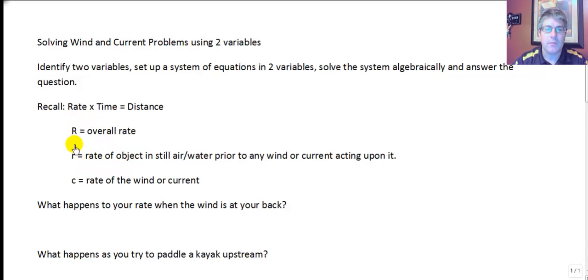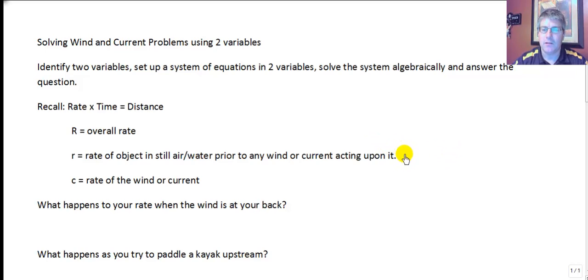So rate is going to be the overall rate, but then we're going to have some sort of force acting on ourselves or on whatever we're in. And we're going to let small r, lowercase r, be the rate of the object in still air or water prior to any wind or current acting upon it.